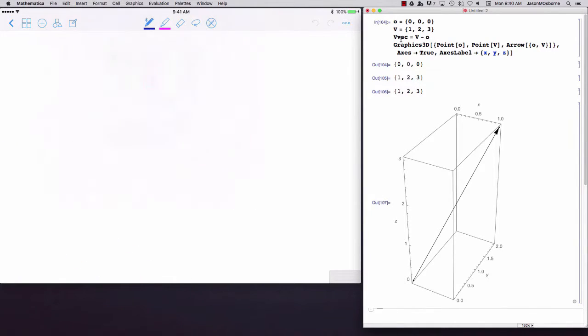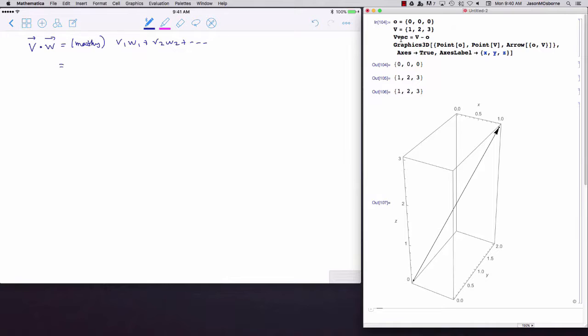So what we've just shown here is that v dotted with w has a mathy definition. It's v1 w1 plus v2 w2 plus however many of those you need.